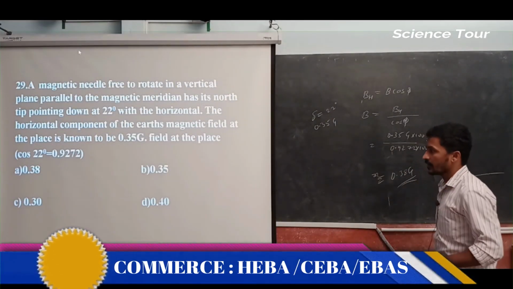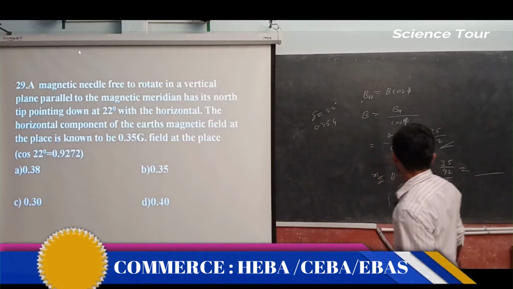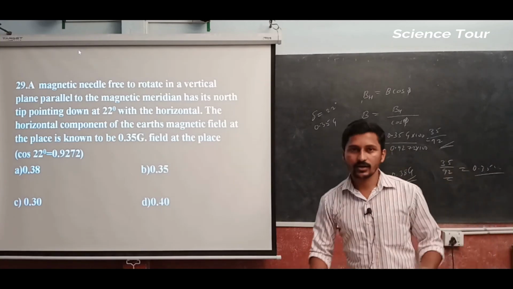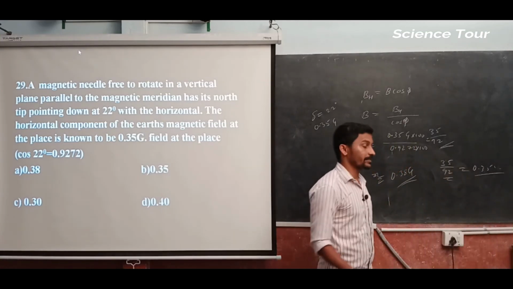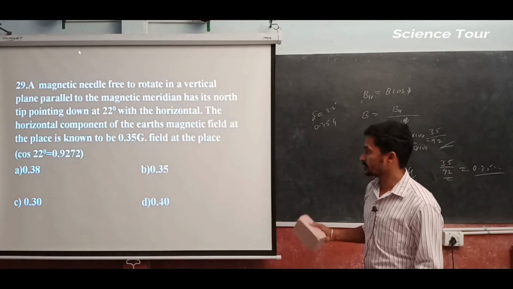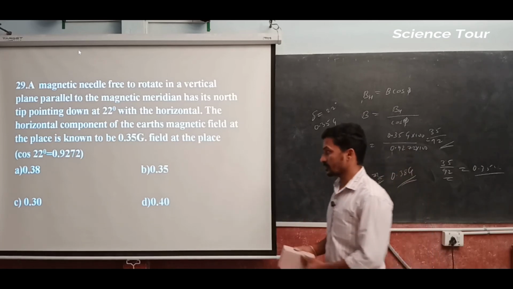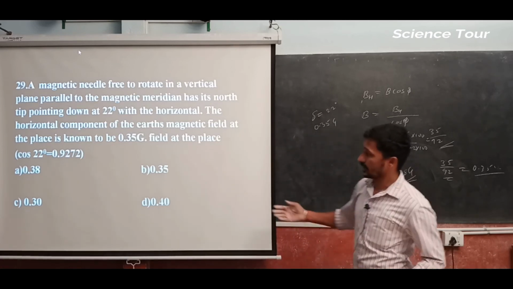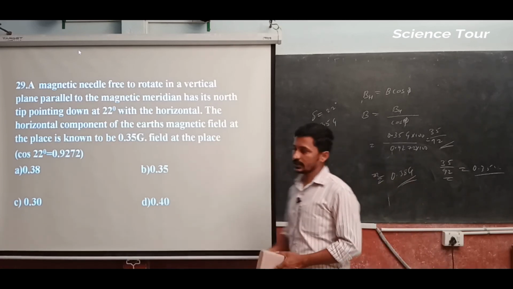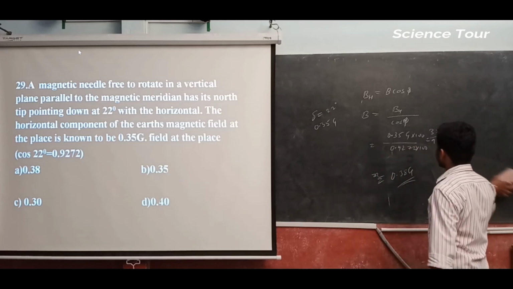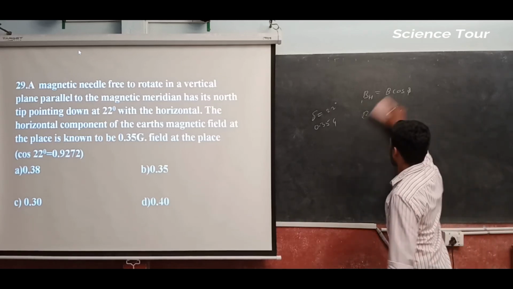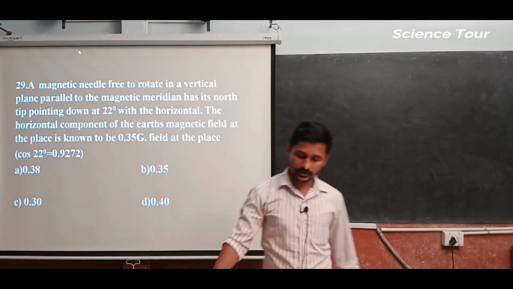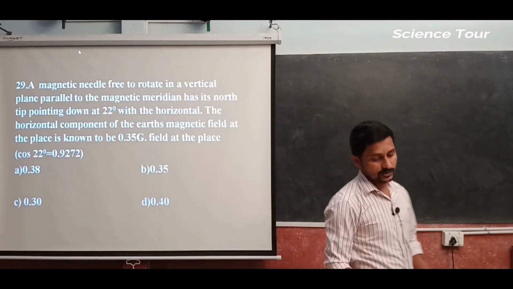You may get 3.35, but we have already done approximation. We know that it is not 0.35, it is more than 0.35. What is the option? More than 0.35, that is 0.38, not that large like 0.40. So approximations you can do, but not all the time; for that, calculations exactly you should know.